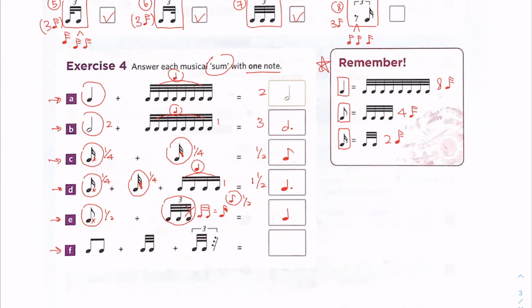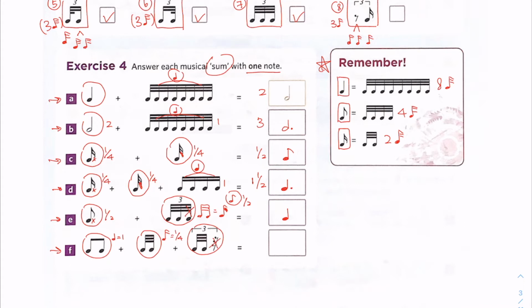Question F, there are 2 quavers here, which is a crotchet. So a crotchet is 1, then 2 demisemiquavers, which would be a semiquaver. A semiquaver is a quarter. Then we have a triplet. In this triplet, there are 3 demisemiquavers. Since it's a triplet, we're going to cross out 1 demisemiquaver.